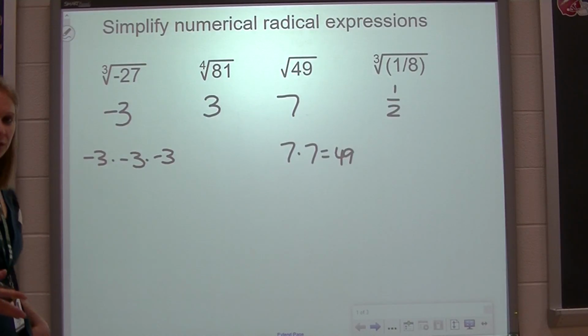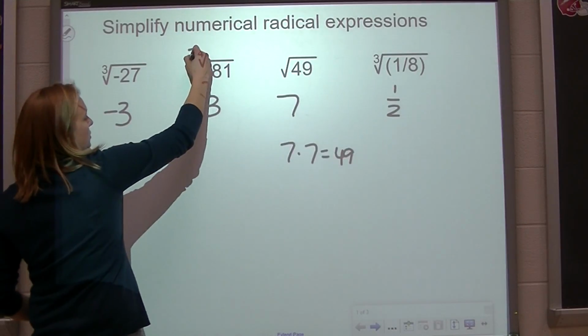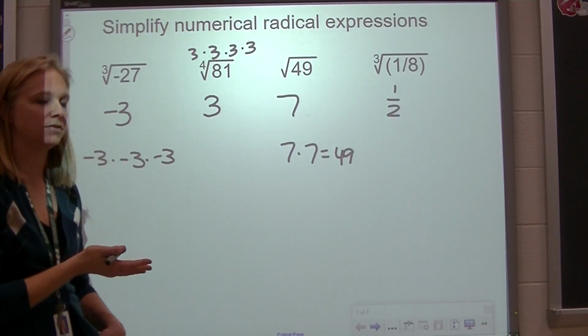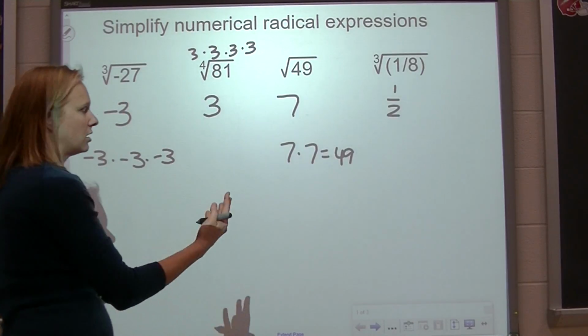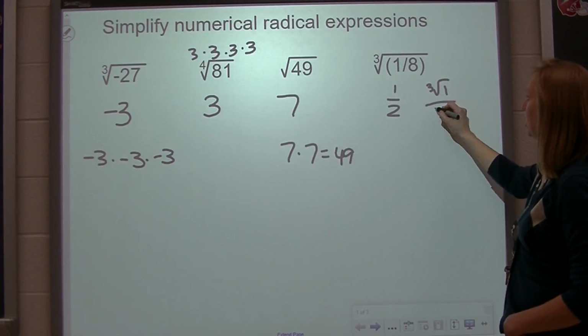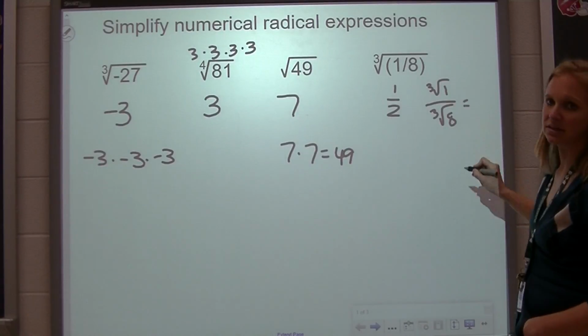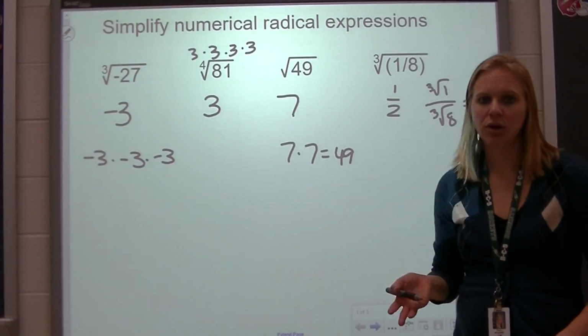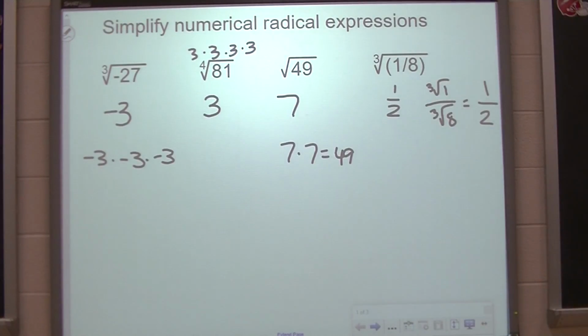The fourth root of 81 is 3 because 3 times 3 times 3 times 3 equals +81. Here, we're basically taking the cube root of 1 and the cube root of 8. The cube root of 1 is 1 and the cube root of 8 is 2. So that's why the cube root of 1/8 ends up being 0.5.